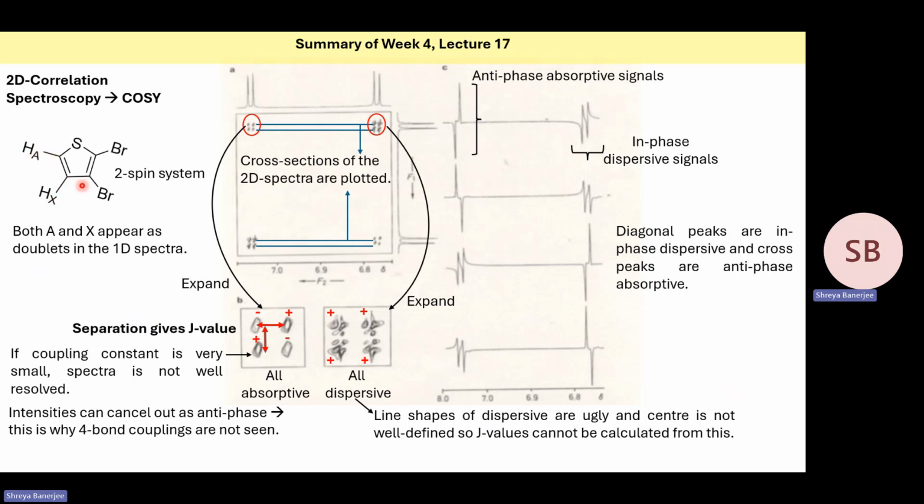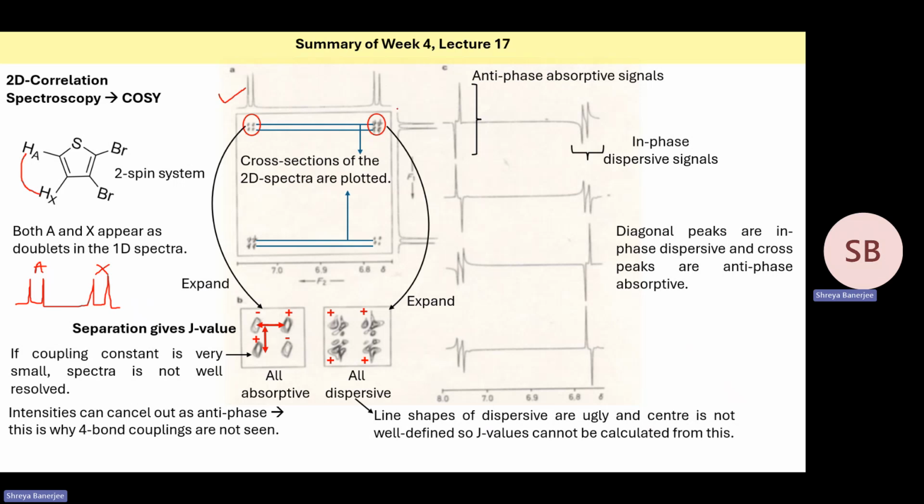So there is 3J coupling between A and X. So basically both A and X will appear as doublets. Imagine this is A, this is X. That is what is shown here. Both A and X are appearing as doublets.